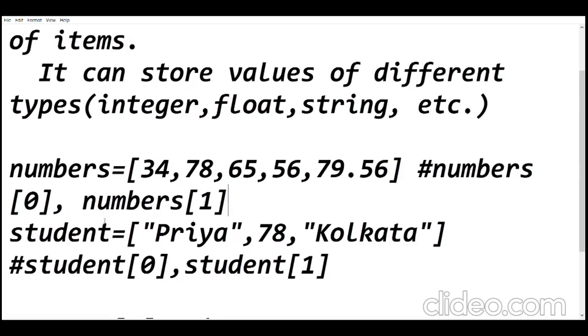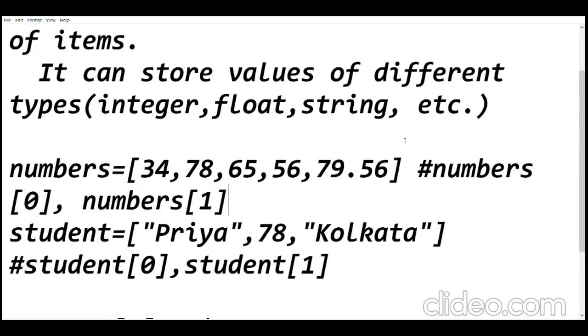Suppose we create a list called student equal to, and inside the square brackets, student name, comma, student marks, comma, student city. And in a list in Python, we can also access any element of the list using indexing.